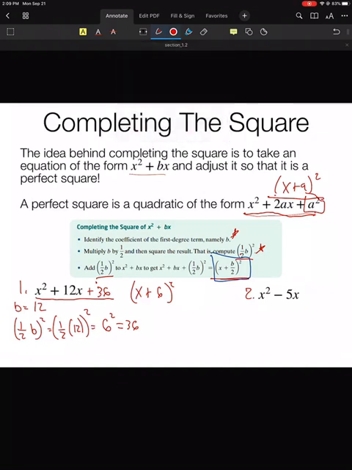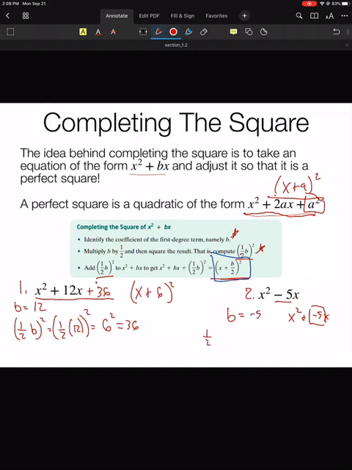Now we'll go to a second example, where instead of adding 12x, we're now subtracting 5x. So our b here is -5. We could rewrite x squared minus 5x as x squared plus -5x, if you want to think of it that way, which makes seeing -5 as b a little easier.